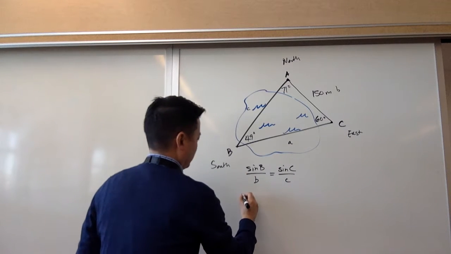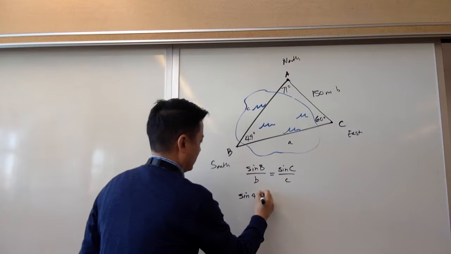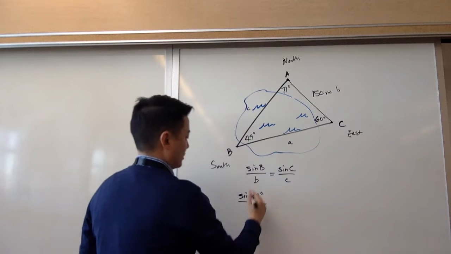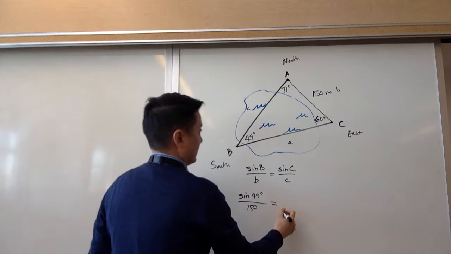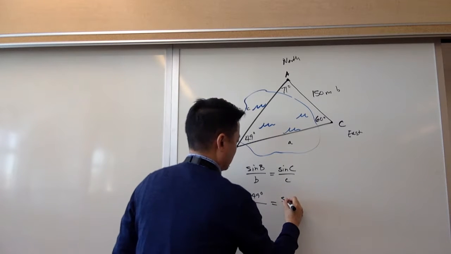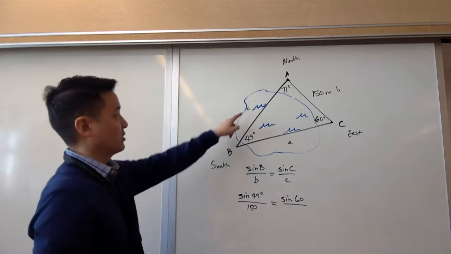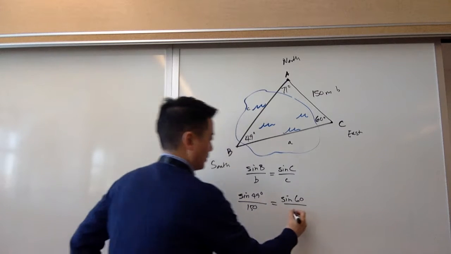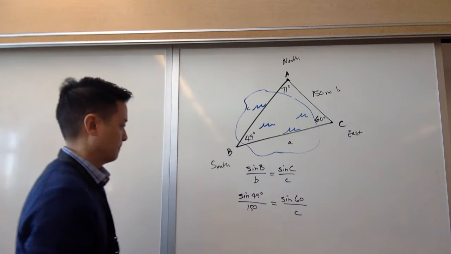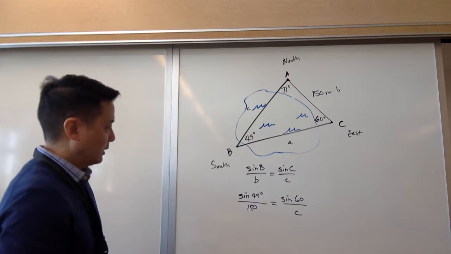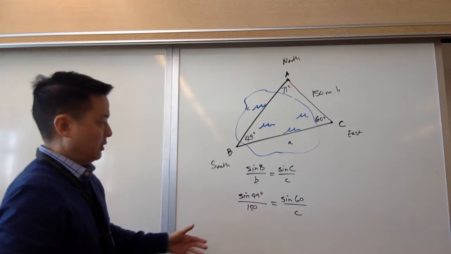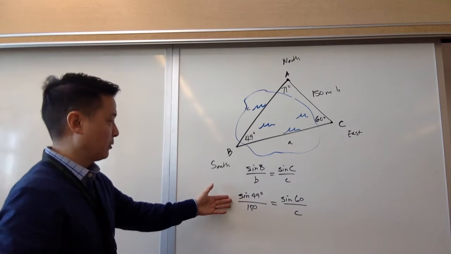So sine B would be the sine of 49 degrees over b, which is 150, is equal to the sine of 60 degrees over c, which is our unknown right here. That's what we're solving for. So rearranging this equation, actually, let's go ahead and use the reciprocal rule.